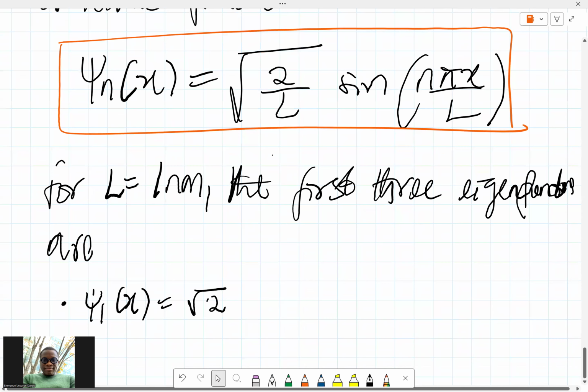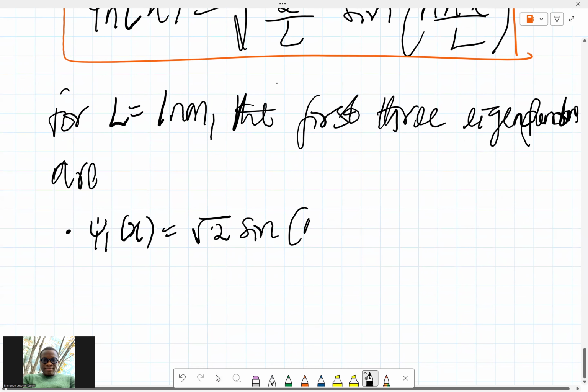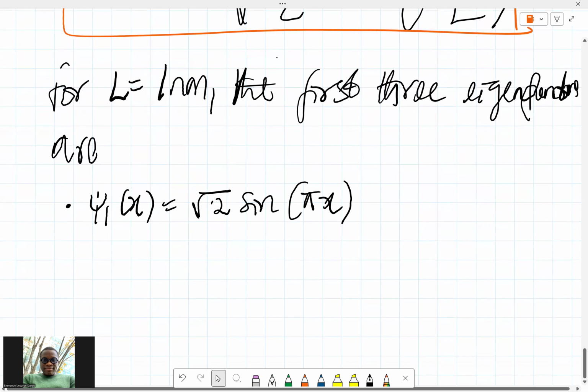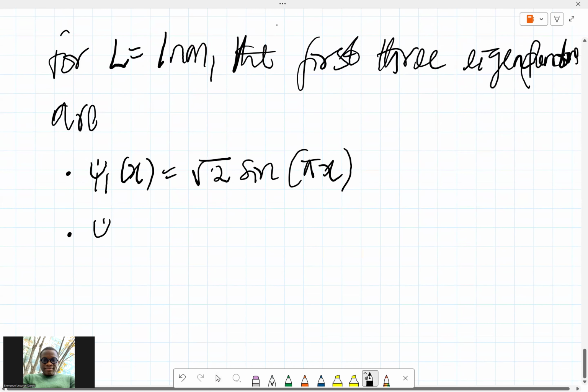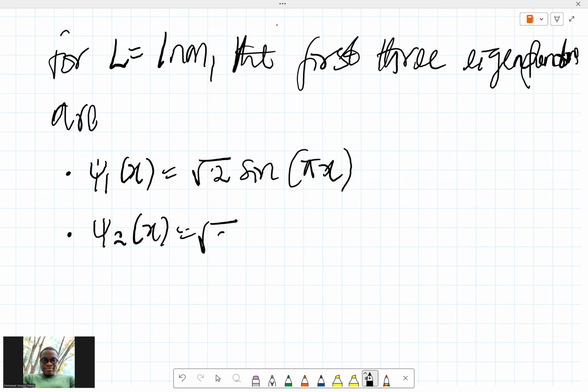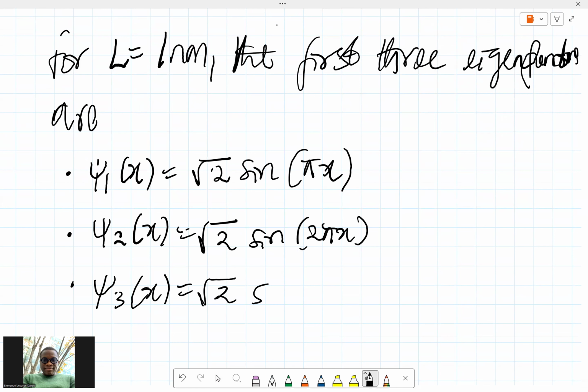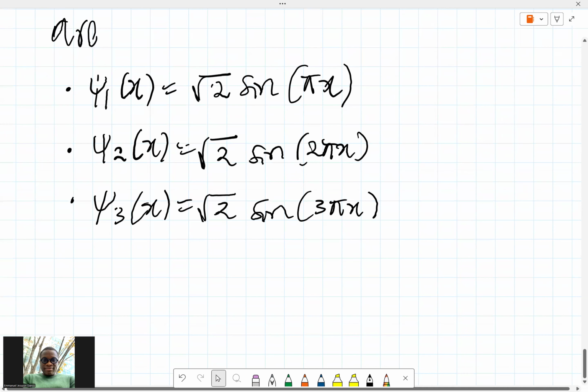Okay, so we'll have root 2 sine pi x, because n is 1. We're just thinking of it in terms of nanometers. Phi 2 of x will be root 2 sine 2 pi x. And then phi 3 of x is root 2 sine 3 pi x. These are the corresponding eigenfunctions.